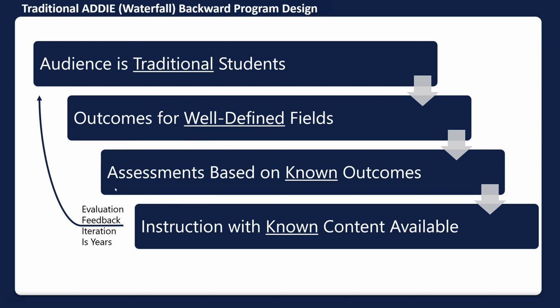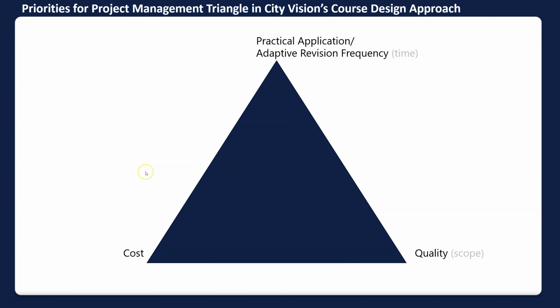So at City Vision, we follow a little bit different process. Part of what is worth describing is that many of you may have heard of the project management iron triangle, and the idea behind this is that you can pick time, cost, or scope, or sometimes people call that quality. I think scope's probably a better thing.